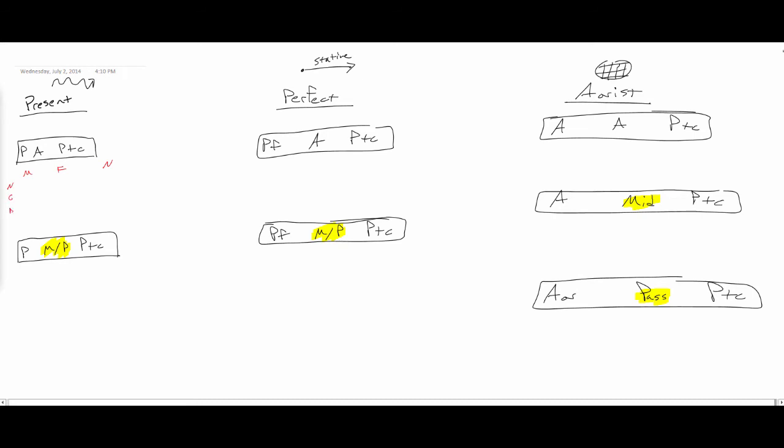And the forms that you really need to memorize here are luon, luusa, luan, and then the genitive masculine, luontos. Luon, luusa, luan, luontos. So when I say to you present active participle, you should say luon, luusa, luan, luontos.